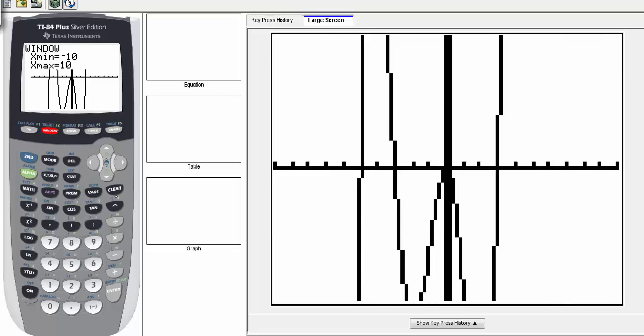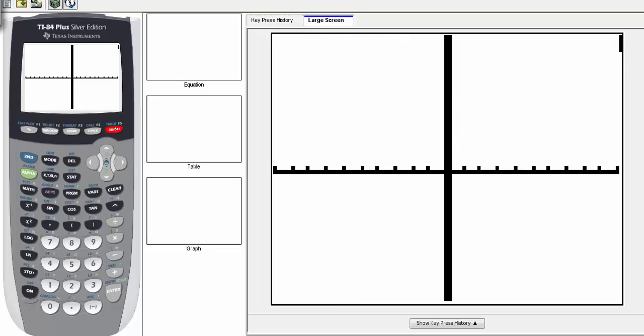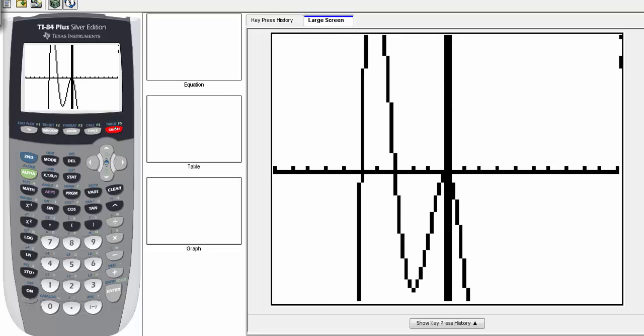So let's go back to the window and try negative 65 and positive 70. We still need to go higher, and it looks like we still need to go lower as well.